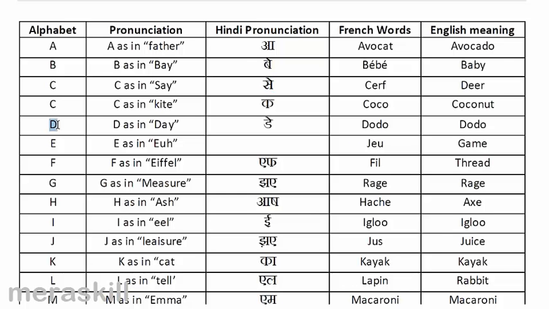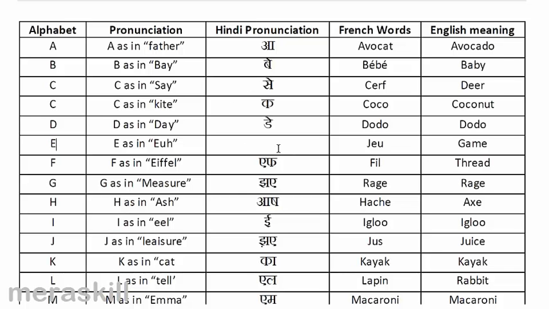Then you have D, which is pronounced day, as in the English word day. So day, dodo. Right, this is a very tricky one. The letter E is not pronounced E, and unfortunately it cannot be connected to either English or Hindi.